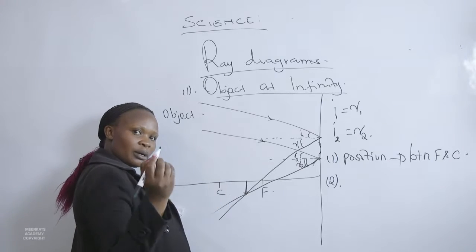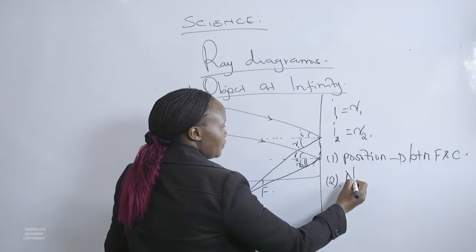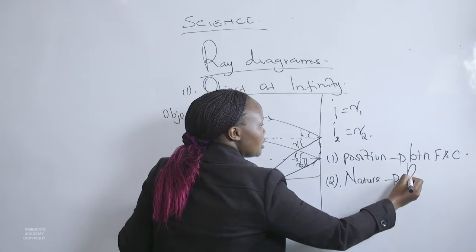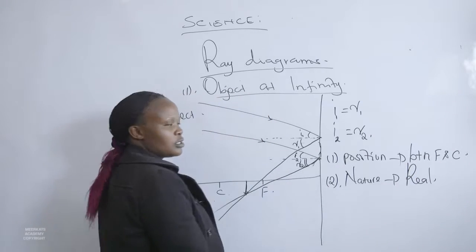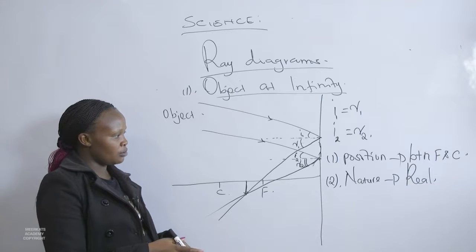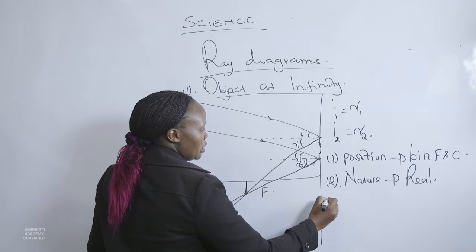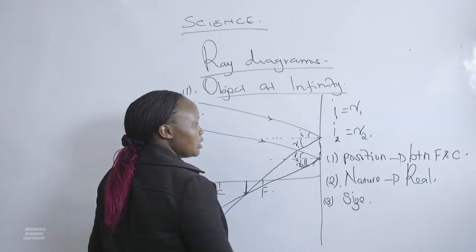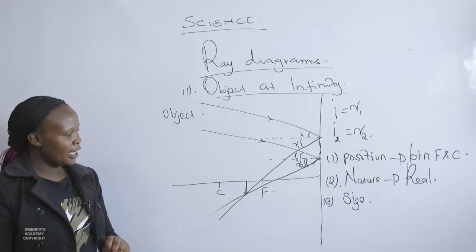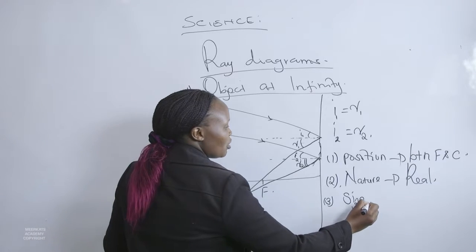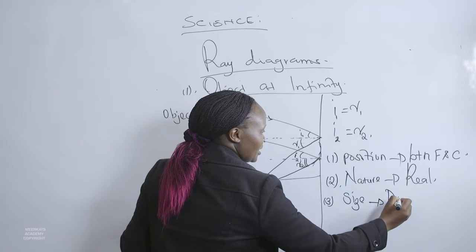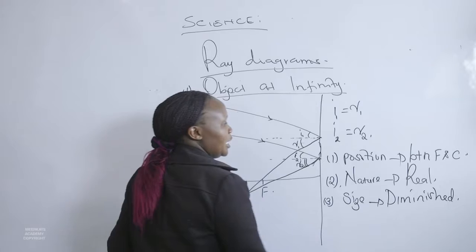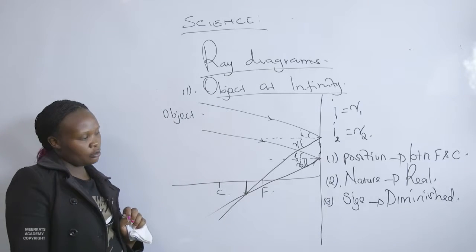Therefore, we talk about the nature. Again, the nature of the image is that our image is real because it is on the same side as the object. Number 3, you will talk about the size. And you will say that our image is actually diminished, because it is smaller than the object.